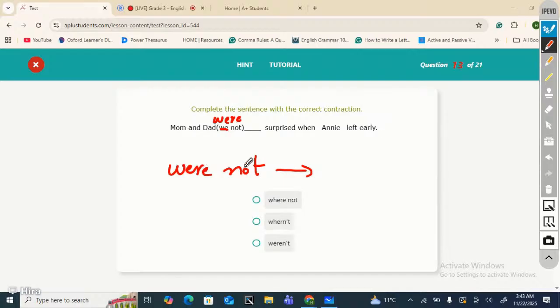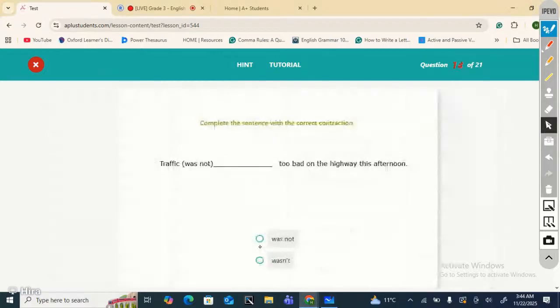Well, the contraction of these two words has no change in the spelling of the verb. Only one letter will be left out in the word not. It will become weren't. Mom and dad weren't surprised when Annie left early. It's option three. Yes, Nate, your answer is correct.